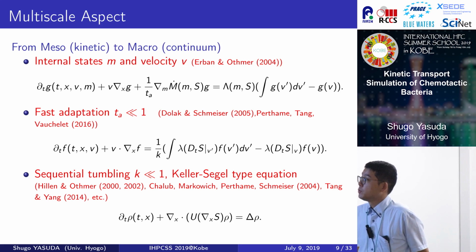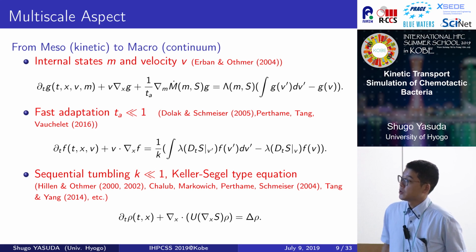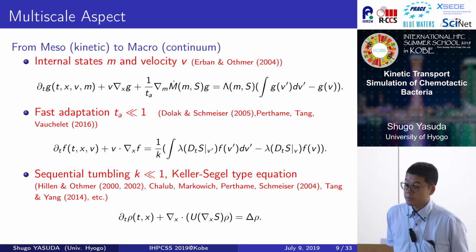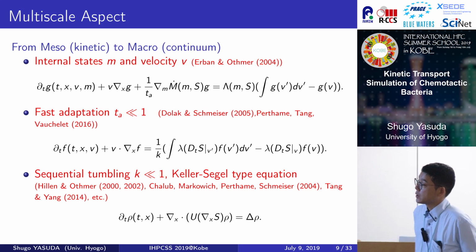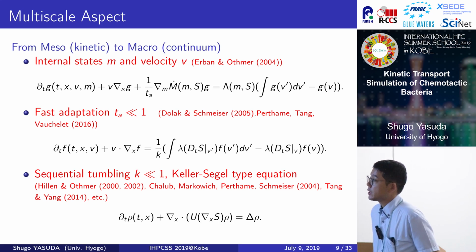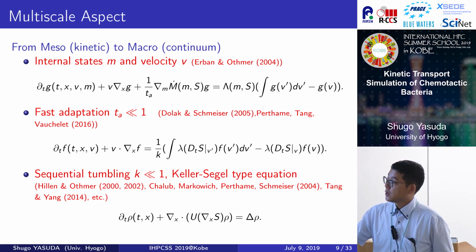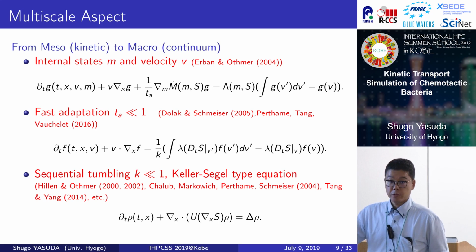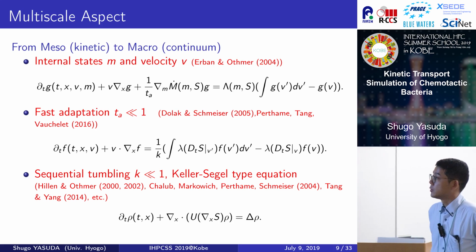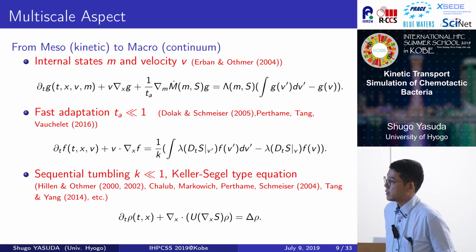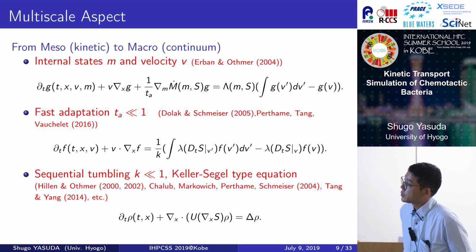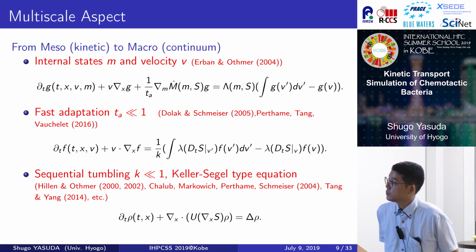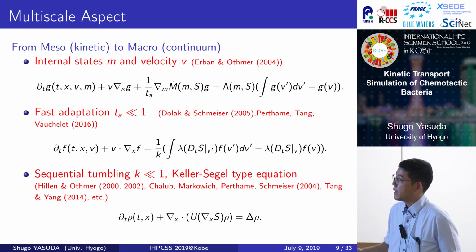So one of the most important aspects of the kinetic transport equation is its multiscale properties. We can derive the macroscopic equation from the kinetic transport equation by some mathematical analysis. For example, the microscopic model which includes the internal state of bacteria was proposed by Erban and Othmer in 2004.